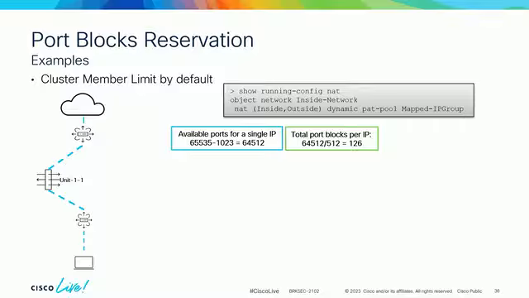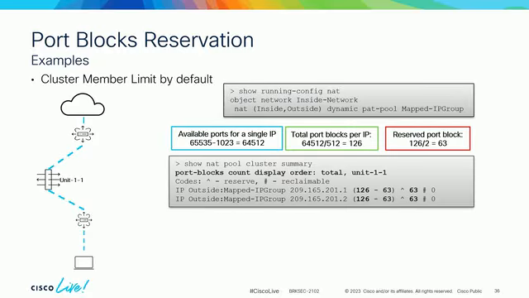And initially, the control unit will own 50% of the port blocks. So the control unit will initially own 63 port blocks. And this math can be confirmed with the show nat pool cluster summary command.